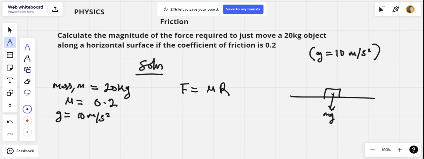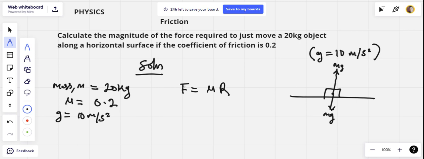So reaction force is a force that tends to keep this body on the plane. It doesn't allow it to sink into the plane. So that reaction force acts in opposite direction to the weight, so that will be mg as well. So normal reaction equals the weight of the body, but it acts in opposite direction.